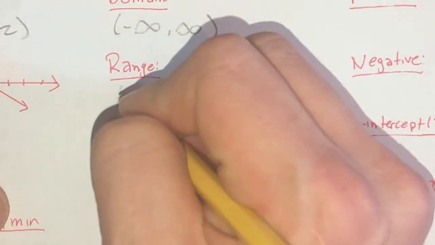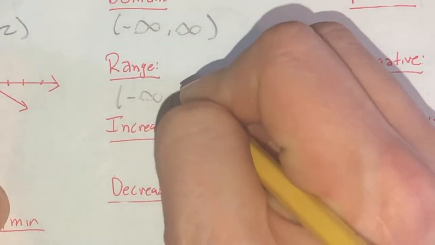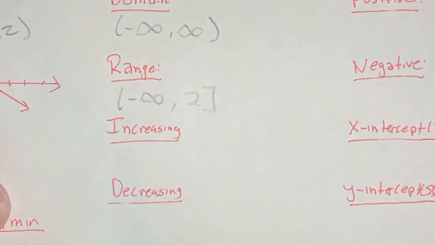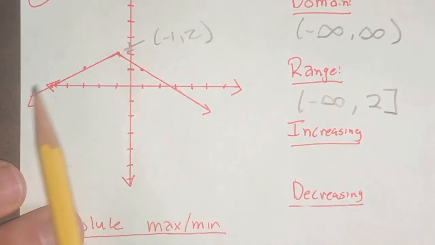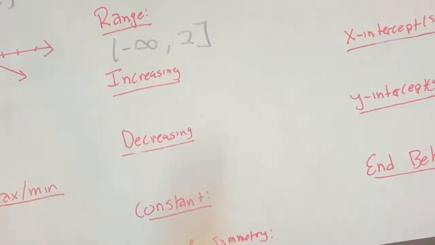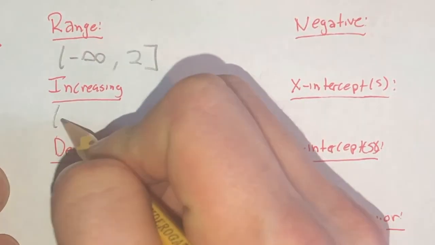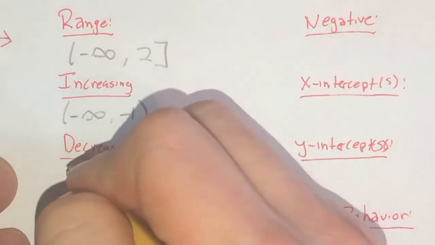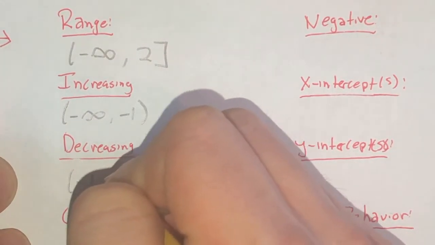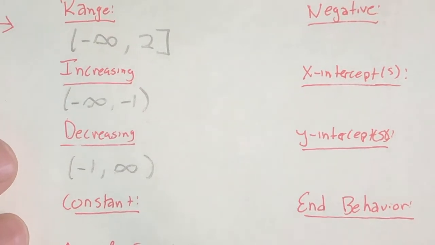The range goes from negative infinity to positive 2. Lock in. All right, increasing. It's increasing from where? From negative infinity to 2 or from negative infinity to negative 1? It is from negative infinity to negative 1. Remember, it's x values, and then it's decreasing from negative 1 to infinity.